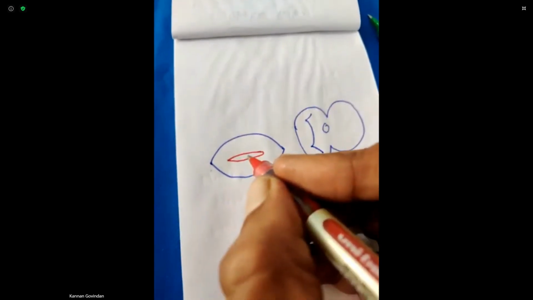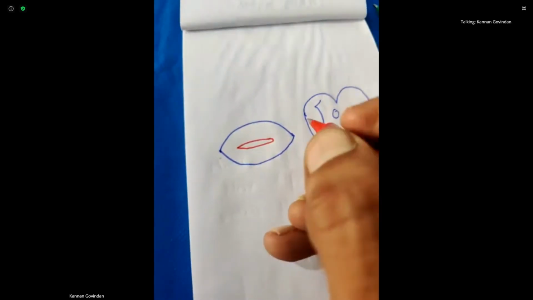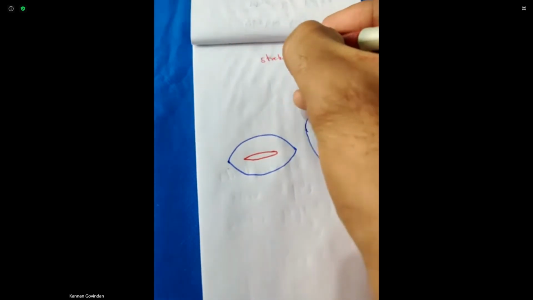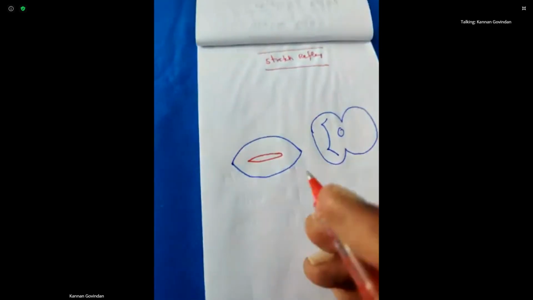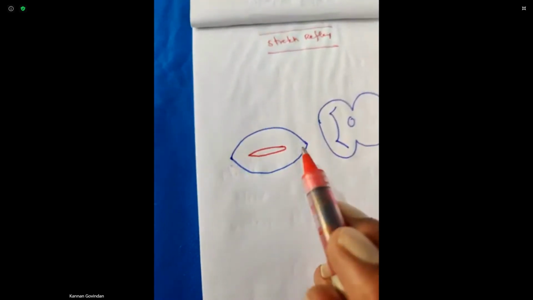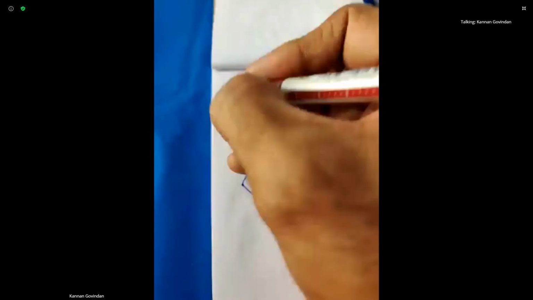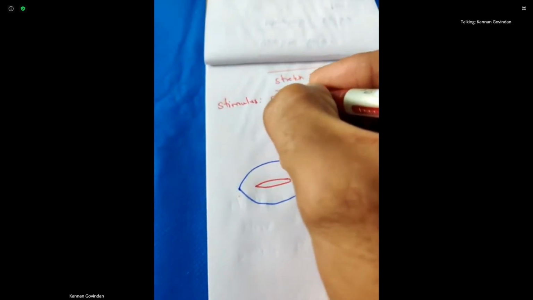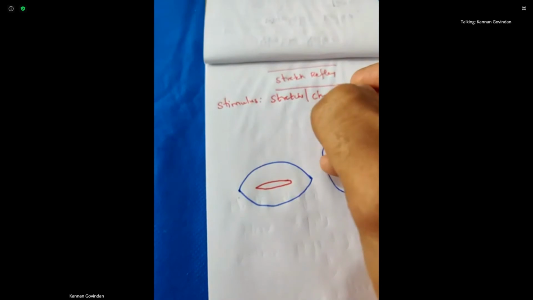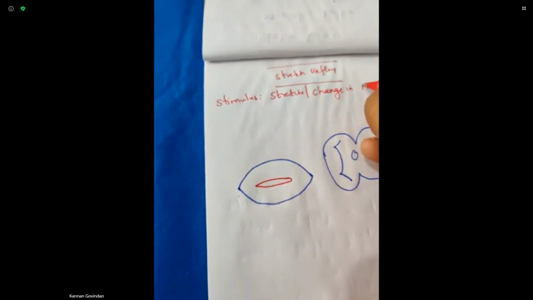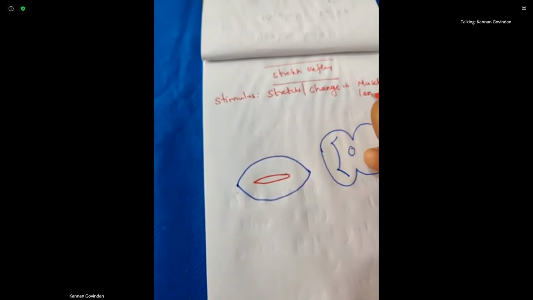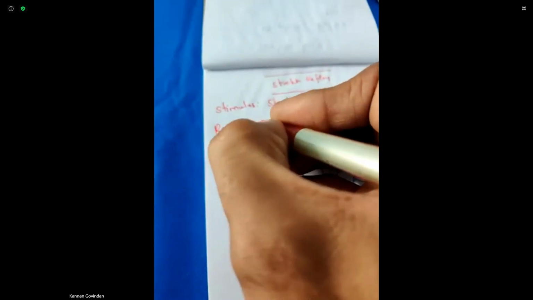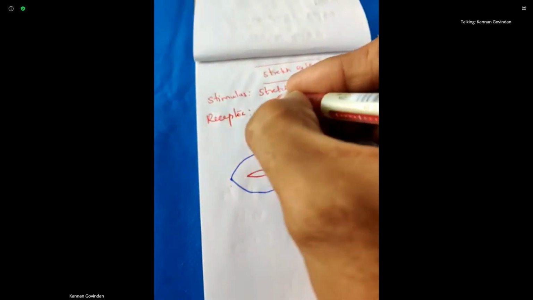Due to change in muscle length, the muscle spindle will stretch. Whenever the muscle is stretched, there is a change in length. This will activate the muscle spindle. So the stimulus is stretch or change in muscle length. Receptor. Which organ is activated now? Muscle spindle.